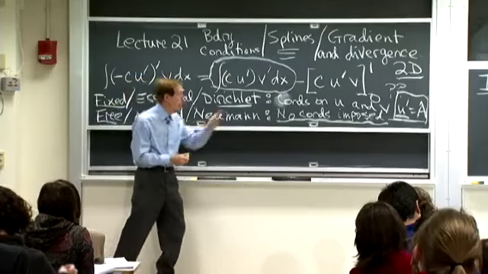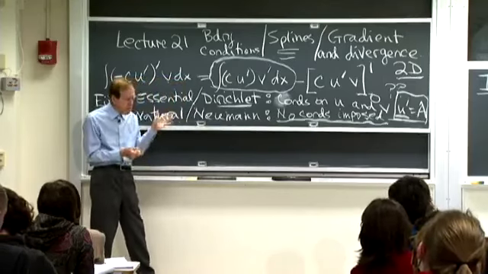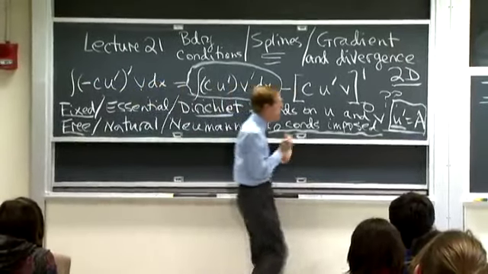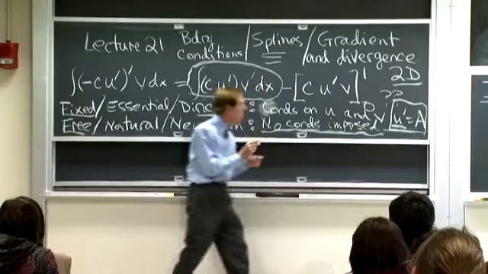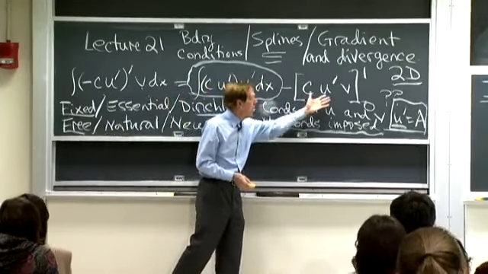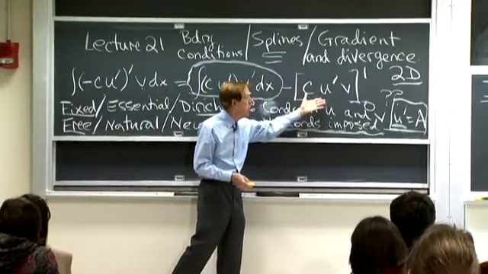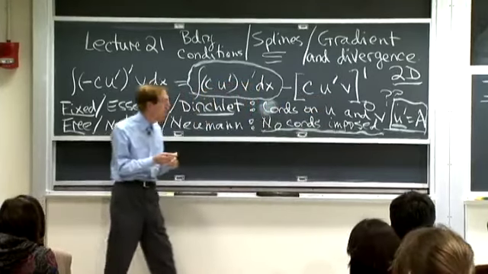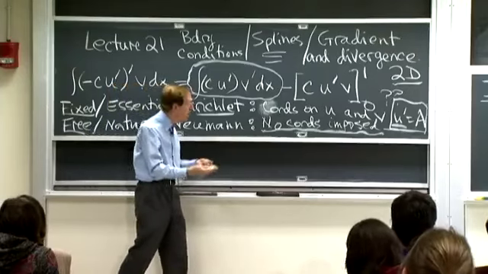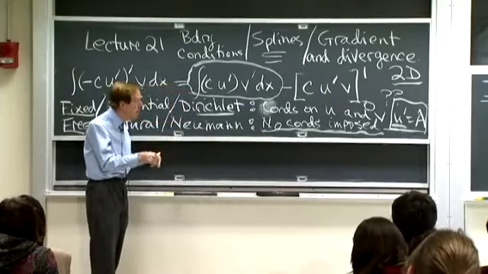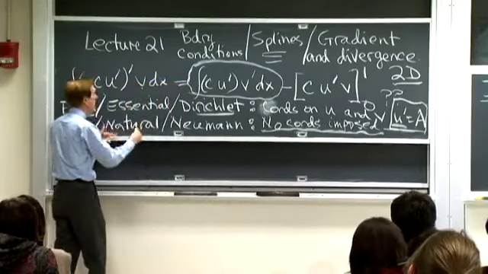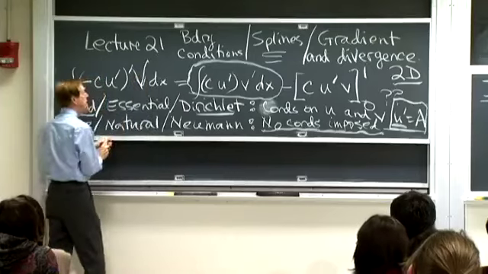Now, what about if u prime is given but not given 0? Suppose it's given the value a. All I want to say is, then this term has to stay. I have to pay attention to it. What happens when Galerkin takes over? Galerkin will put in one of his test functions.